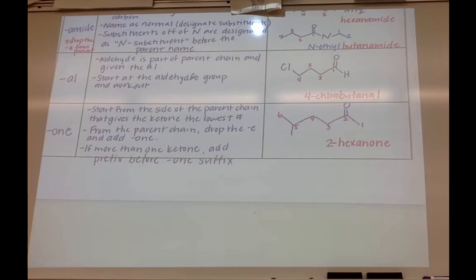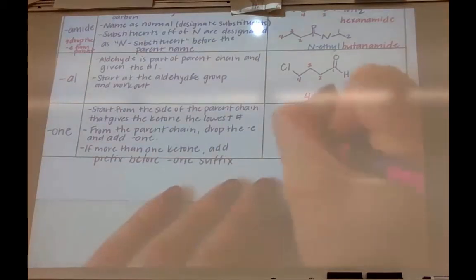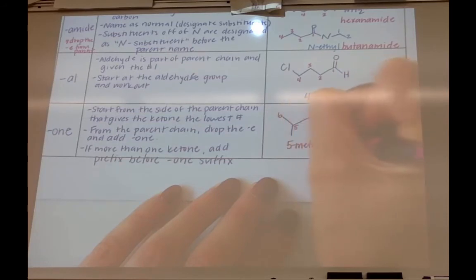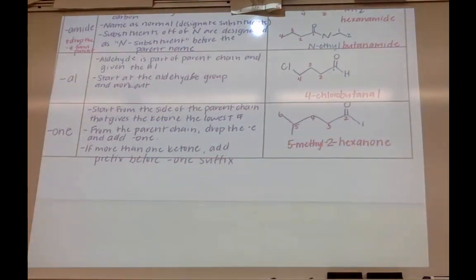Are there any substituents? Yes. Off of what carbon? 5. So we'll do 5 methyl 2 hexanone. Now, if you are someone who liked writing the alkene number in the middle, it would be the same for this.